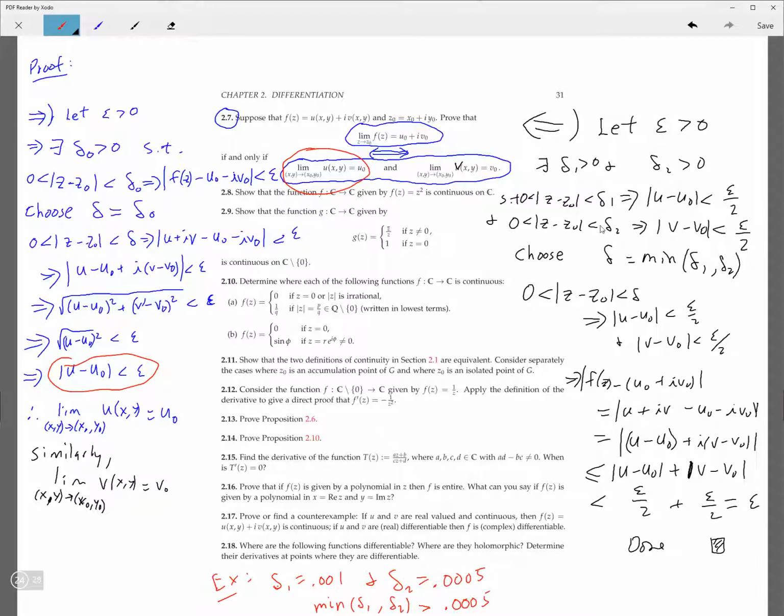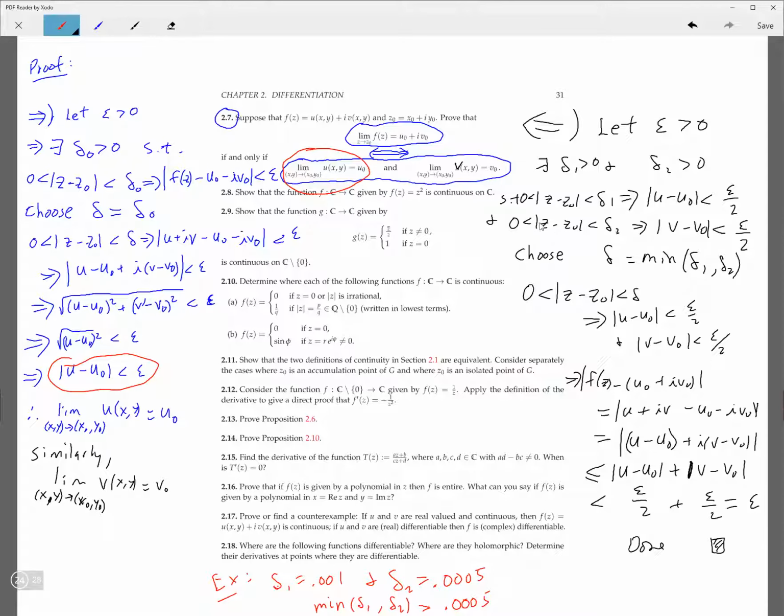So I guess there's a little bridge there to cross too. So if you're taking the minimum of these two, let's say the smaller one was delta 1, okay? So then this would be pretty clear right here. But you have this delta 2 here.